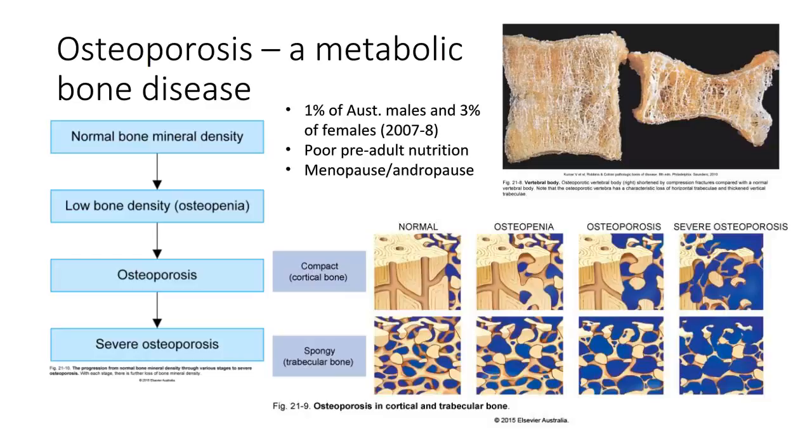And this is our example for this subject for metabolic bone disease. 1% of Australian males display osteoporosis, 3% of females, and it can be a matter of not having built enough bone density as a child and teenager, or it can be the result of aging where the hormone levels for estrogen and testosterone have fallen, and estrogen acts as a kind of assistant for calcium deposition into the bone.